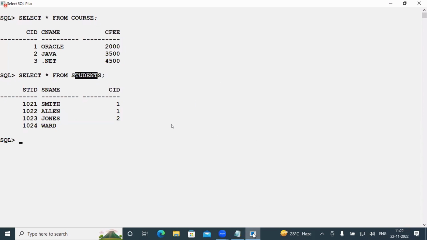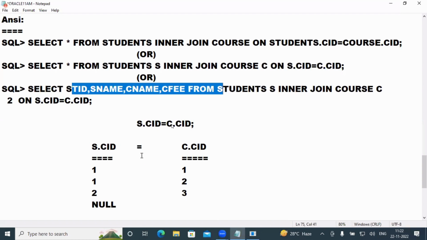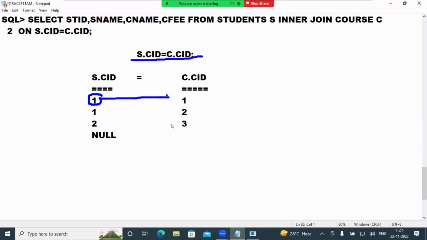Observe the two tables here. It checks each and every row as per the given condition: each value of the first table is compared with all values of the second table.